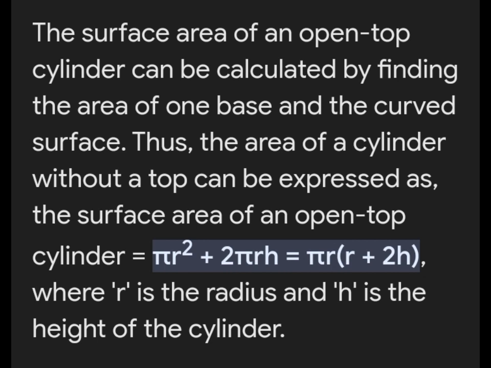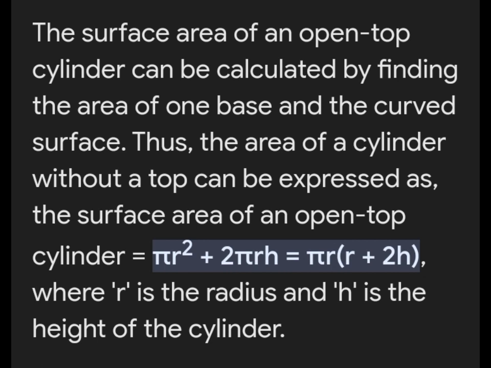First, the total surface area when the cylinder is normal, that means both sides are closed, it is 2 pi r h. That is the curved surface area, in the sense that the curved surface is the circumference with the height, plus 2 pi r square.